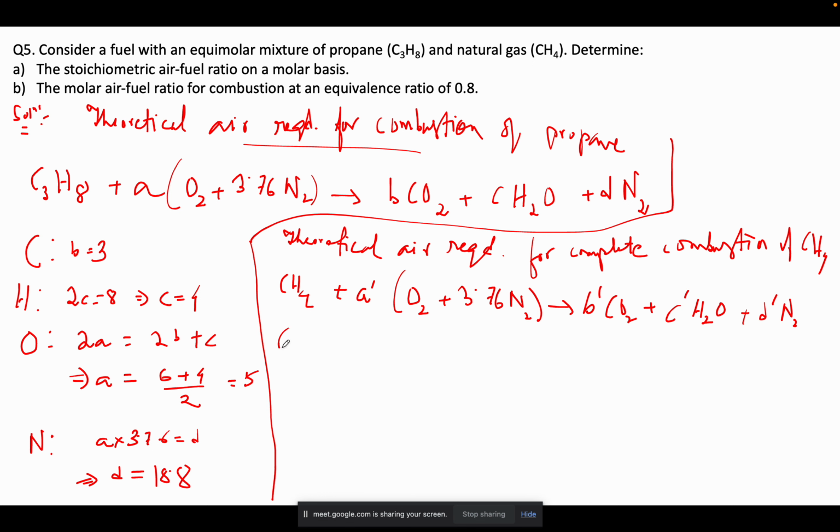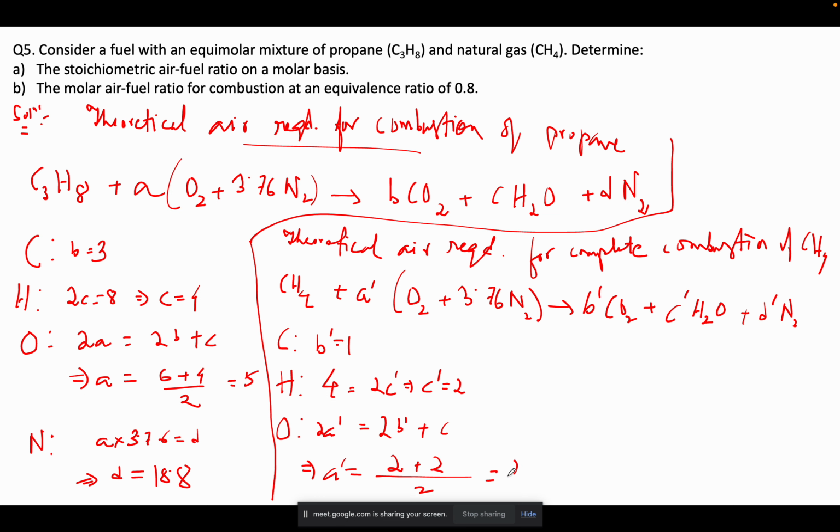Once again, solve for carbon, you'll get B prime is equal to 1. Solve for hydrogen, you'll get 4 is equal to 2C prime, which gives C prime is equal to 2. Then solve for oxygen, you will get 2A prime is equal to 2B prime plus C prime. So this implies A prime is equal to 2 into 1, 2 plus 2 by 2, that is equal to 2.